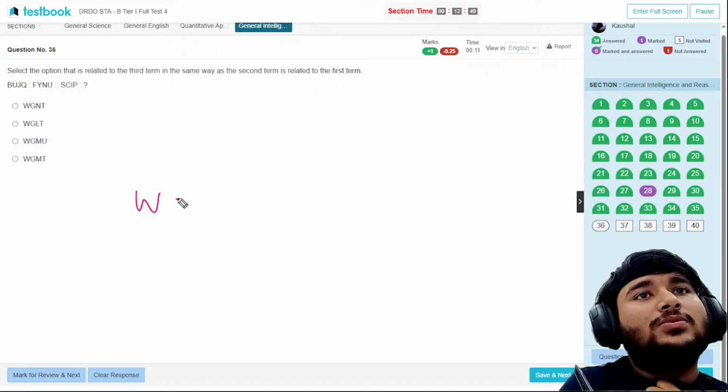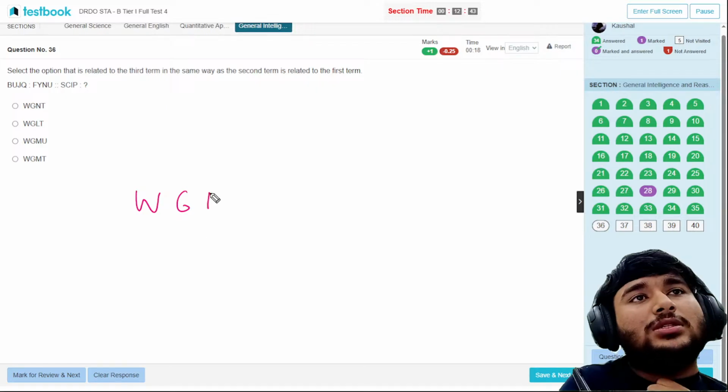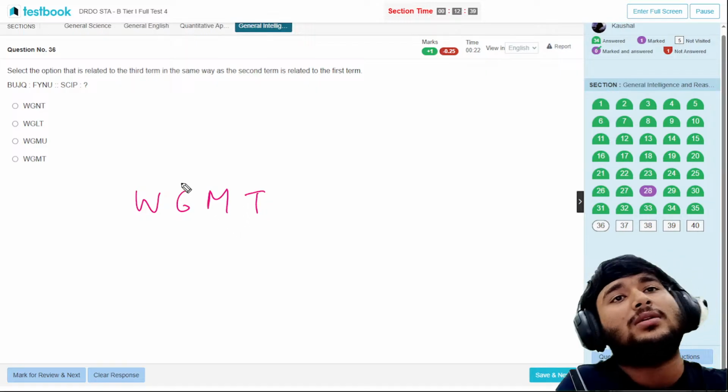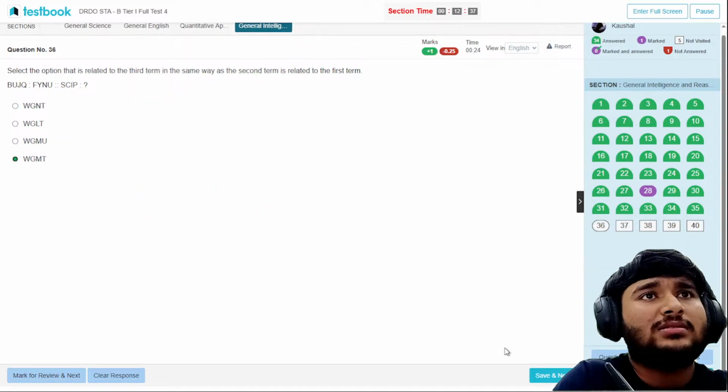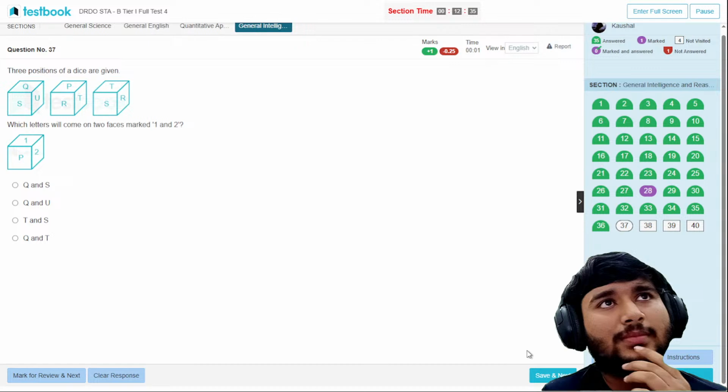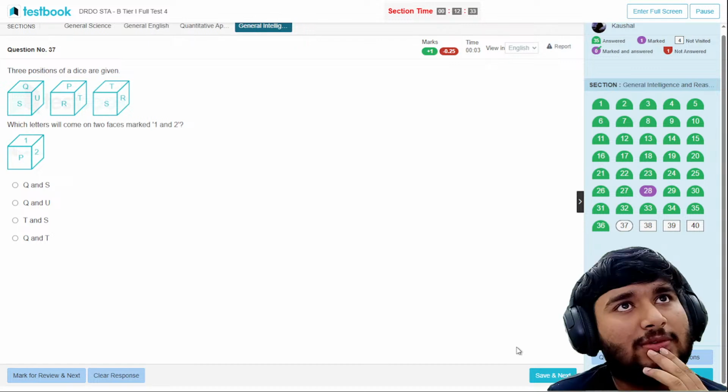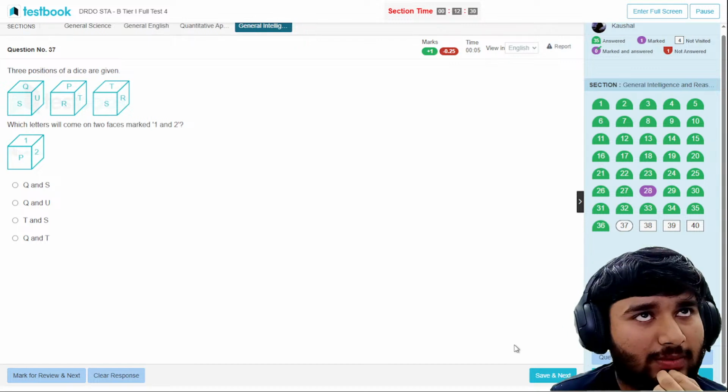C plus 4, 7 G. 10 plus 4, 9 plus 4, 13. 17 plus 4, 16 plus 4, 20. WGMT. Which letter will come on two faces marked 1 and 2?